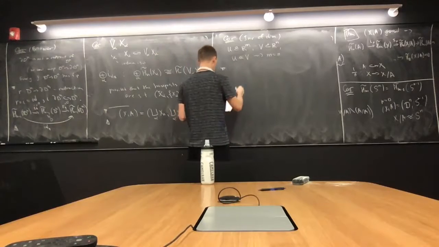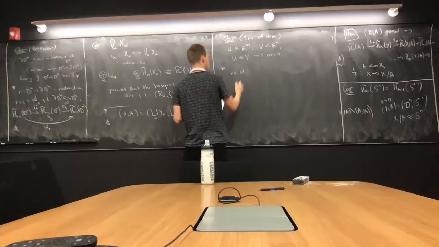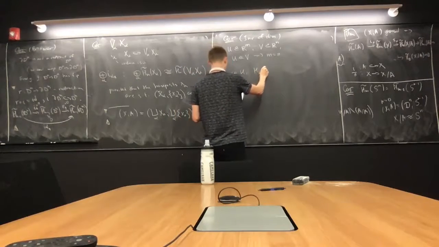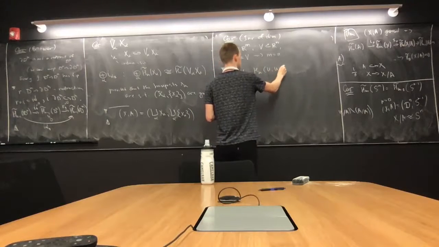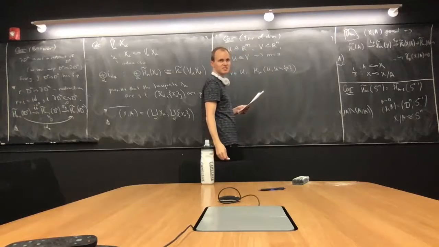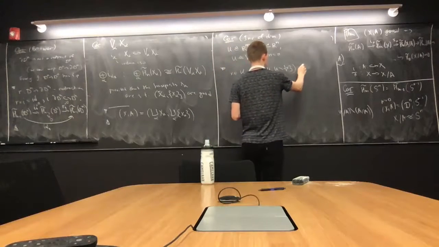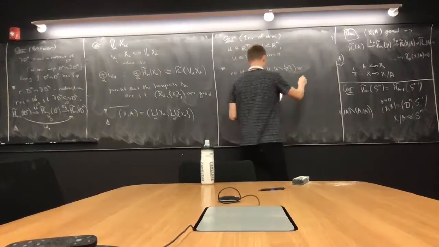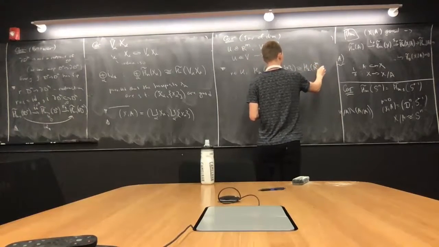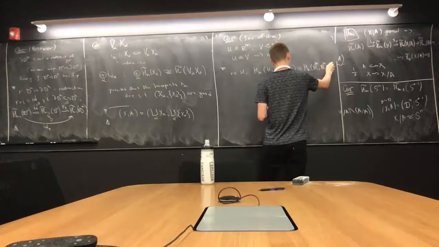Proof: let's pick a point x in U. Then by excision, H_k of U minus x, so let's excise everything but x, that's an interesting object, is the same as H_k of all of R^m, R^m minus x.